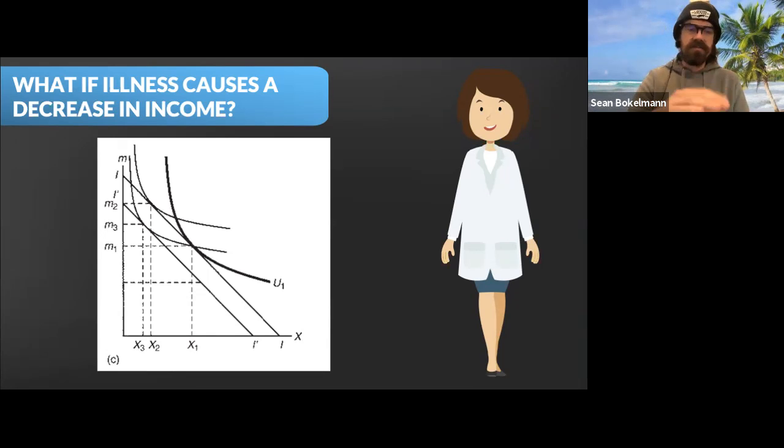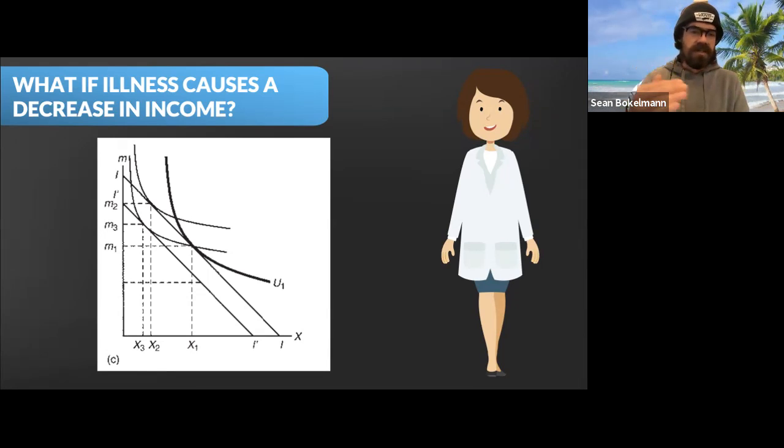So those are basically taken from figure B that we saw earlier. But now we're assuming that the illness also causes a decrease in income, and so the budget constraint shifts in, and the consumer ultimately ends up at point 3, where they're consuming X3 and M3.